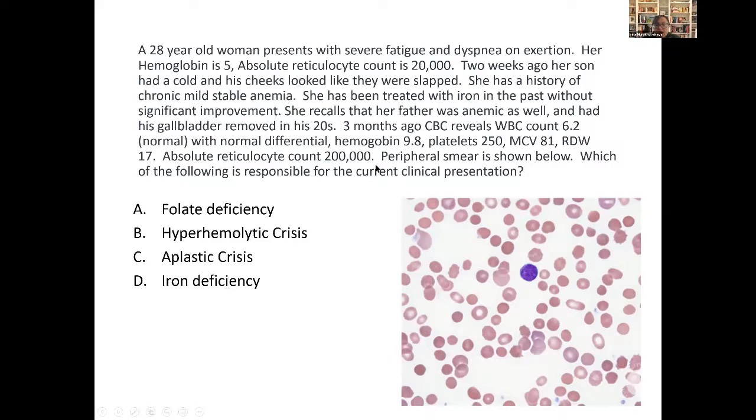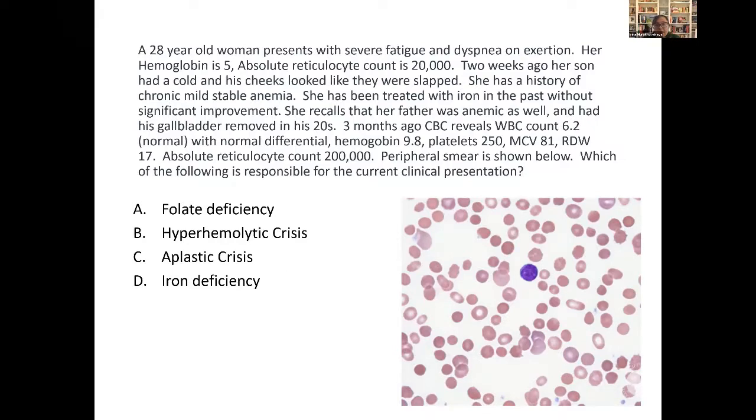In this patient, it sounds like there's some kind of hemolytic anemia that was going on in the past based on the reticulocytosis with a positive family history. And it looks like the retic count now is low, which is probably related to aplastic crisis caused by parvovirus B19.